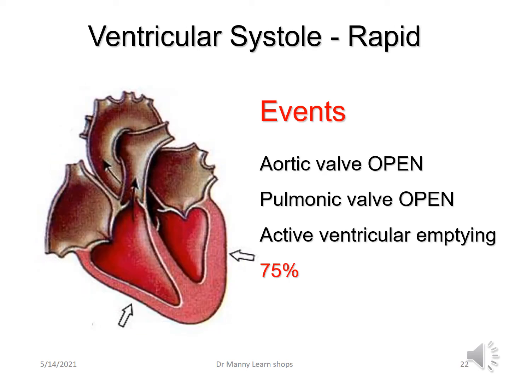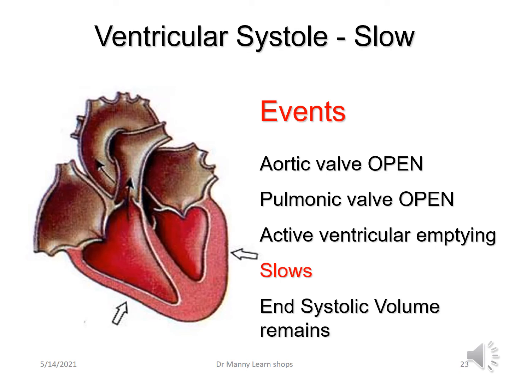Then you've got rapid ventricular systole. And the events that occur are, wow, the aortic valve has now suddenly opened, the pulmonic valve is also open, and you've got active ventricular emptying. About 75% of blood is ejected from the heart during this phase. Then you've got slower ventricular systole. Here the aortic valve and pulmonic valves are both open.